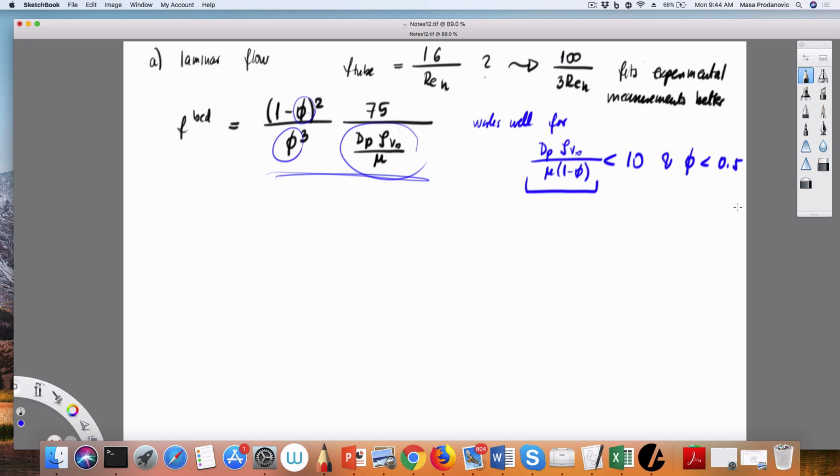Then it's often actually common to express pressure drop.